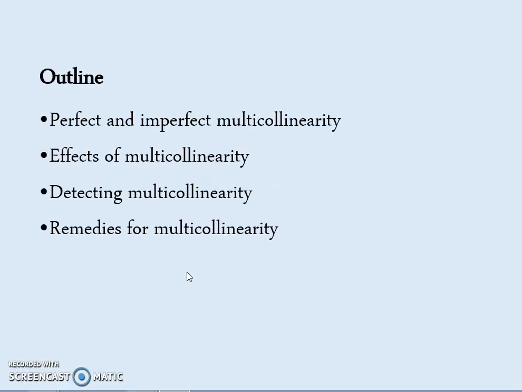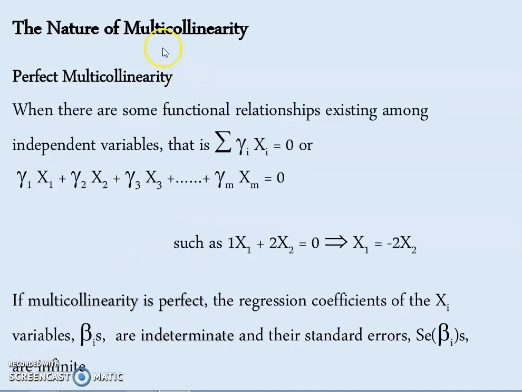So in this topic, we will learn about perfect and imperfect multicollinearity, the effects of multicollinearity, how to detect multicollinearity, and also remedies for multicollinearity. For multicollinearity, we are looking into the relationships among the independent variables, the x's.